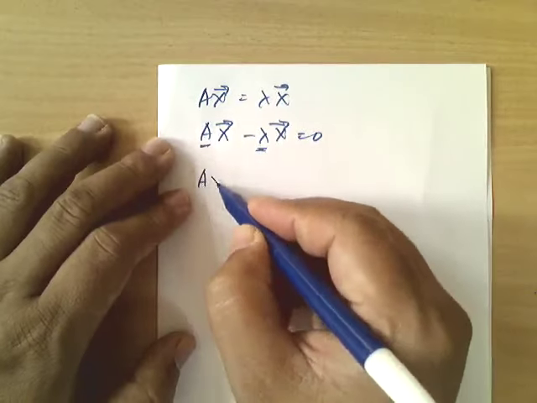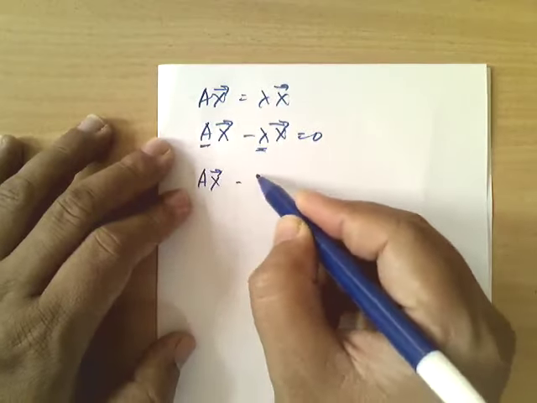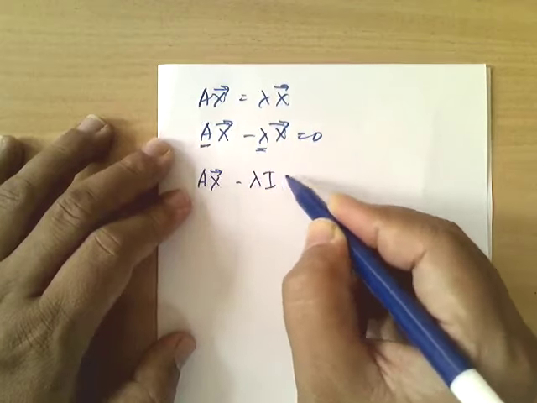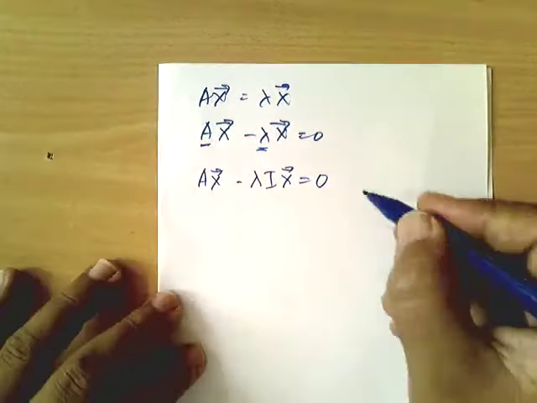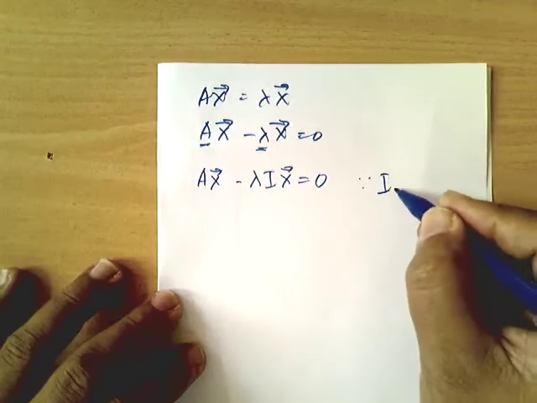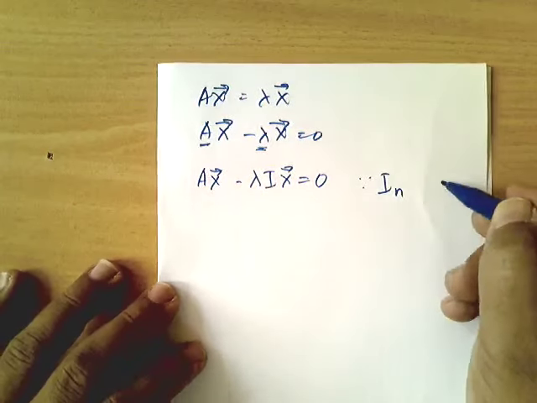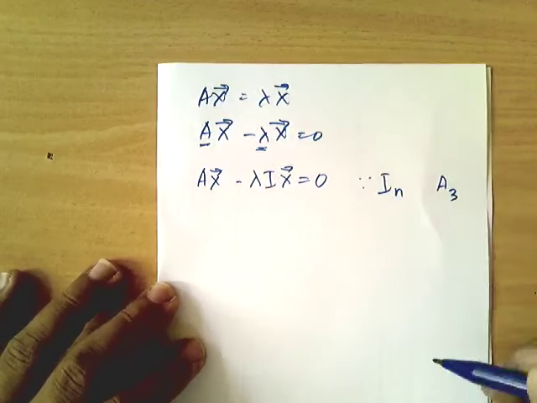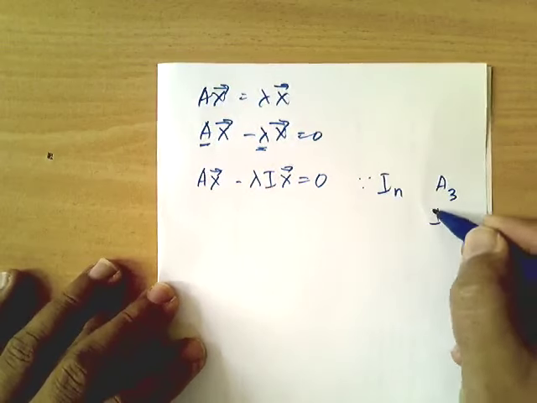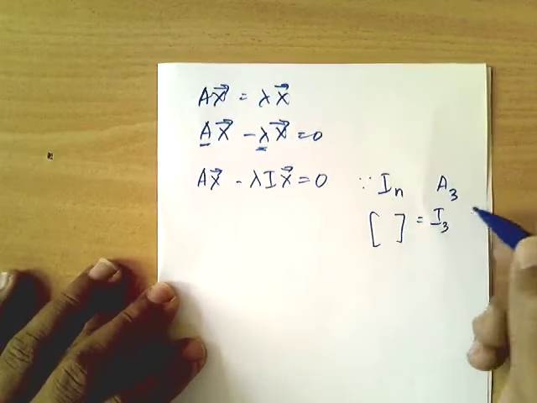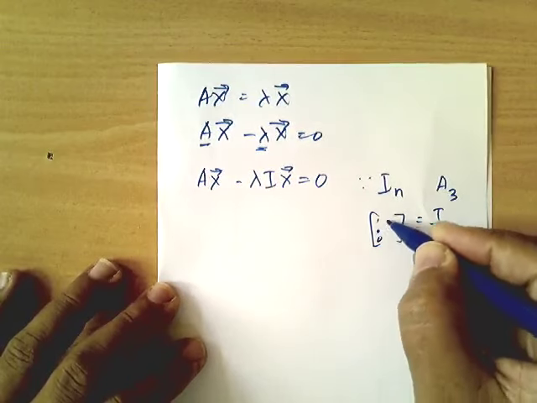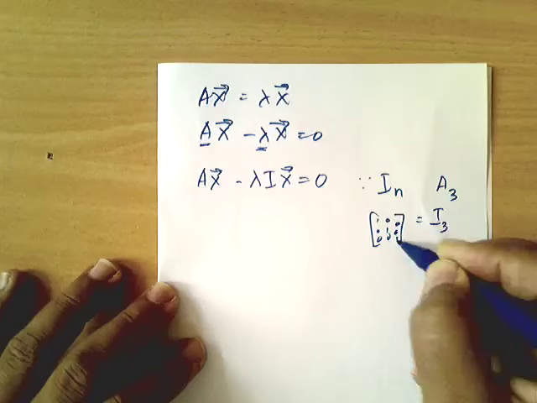So what you need to do is multiply lambda by the identity matrix. Remember, identity sub n. If, for example, your A is a 3 by 3 matrix, then your identity must be a 3 by 3 matrix. And what is that identity matrix? It's 1, 0, 0, 0, 1, 0, 0, 0, 1.